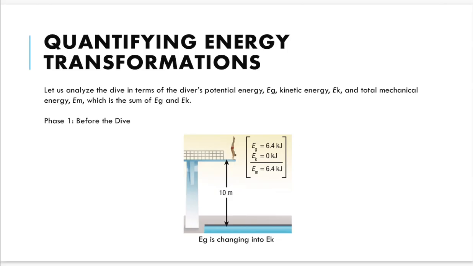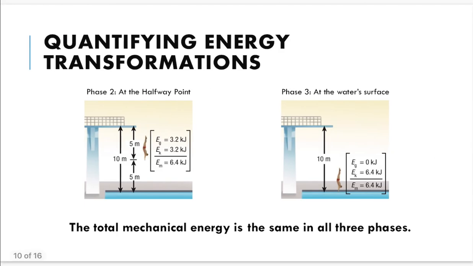Once the diver has started the dive, the potential energy will transform into kinetic energy. We can see here that at the halfway point, half of the potential energy has been converted into kinetic energy, but the total amount of mechanical energy has not changed.